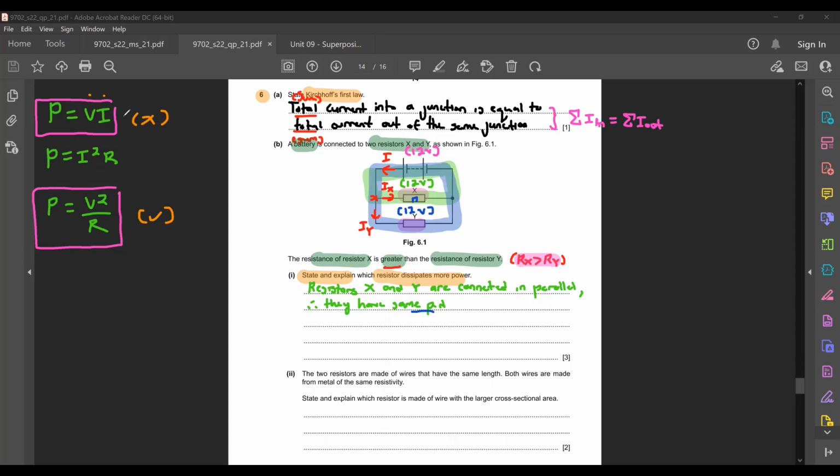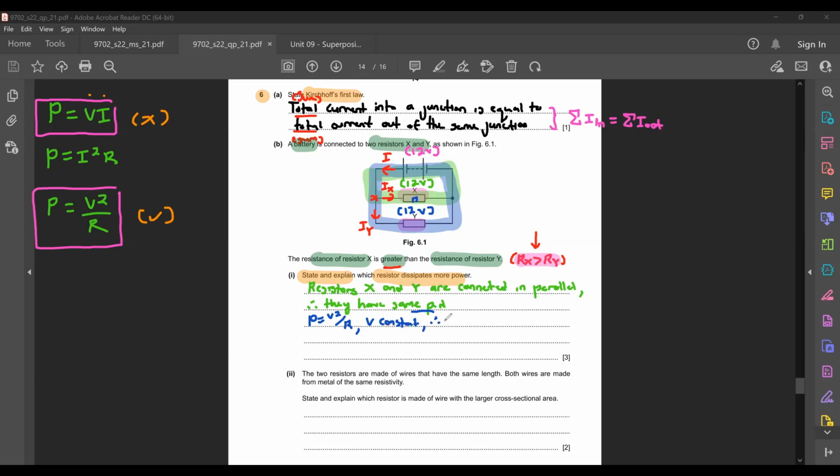So we make use of something that's really given and really known, where we know that now resistance of X is more than resistance of Y. So we use the third equation here. If we use the third equation, we can see that P is equal to V squared over R. So V is constant.